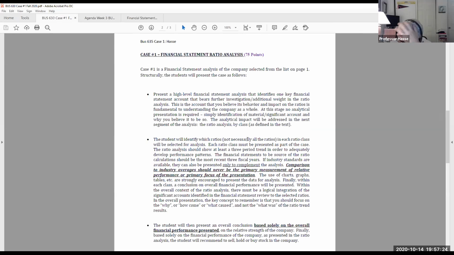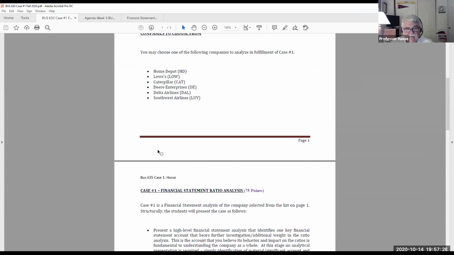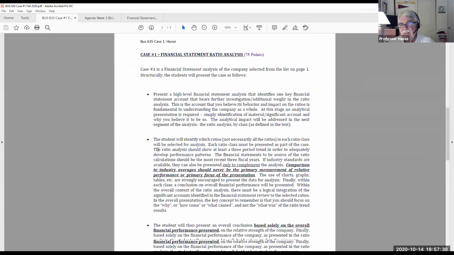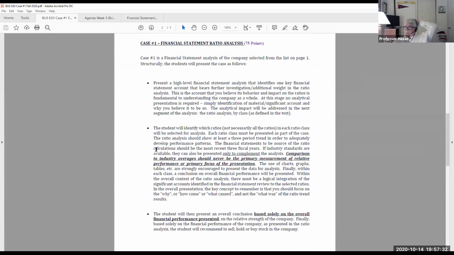Here's something. Let's say you pick Delta Airlines. And you look at their financial statements and you see that over the last couple of years or 3 years, Delta made a lot of money 3 years ago, and all of a sudden now they're not making any money.